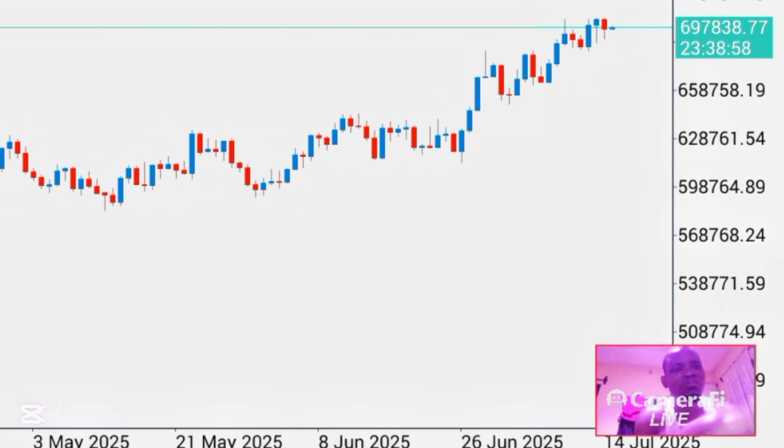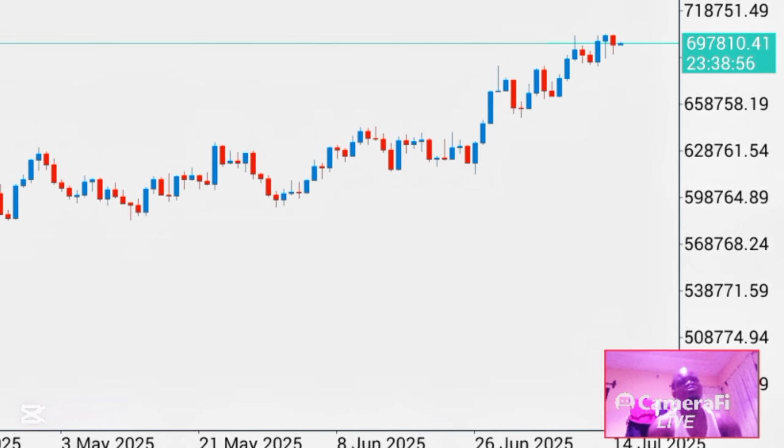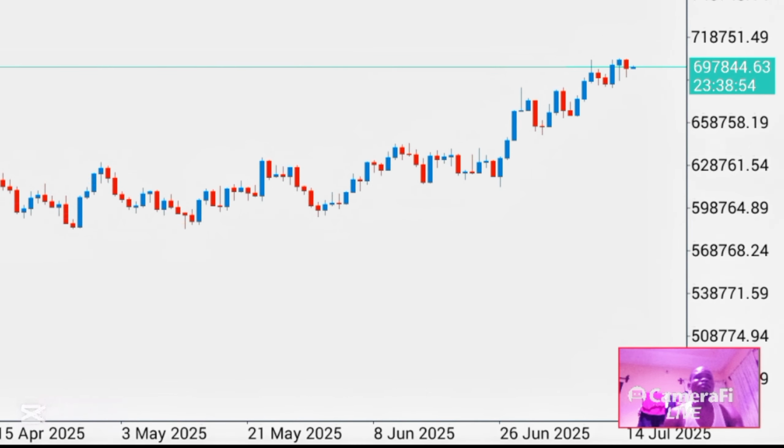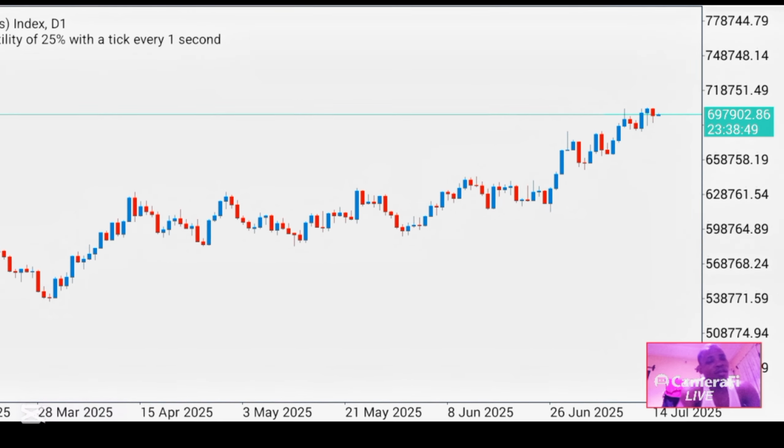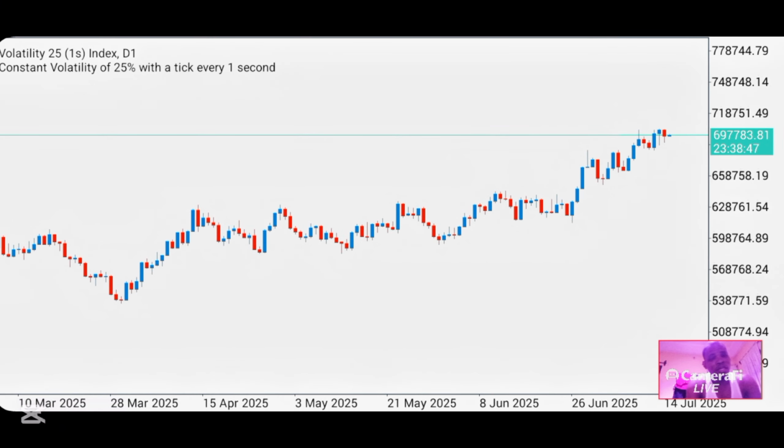So the simple arithmetic about technical analysis is just based on support and resistance level.